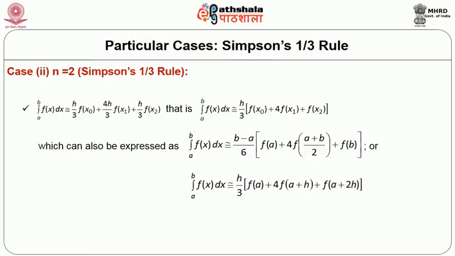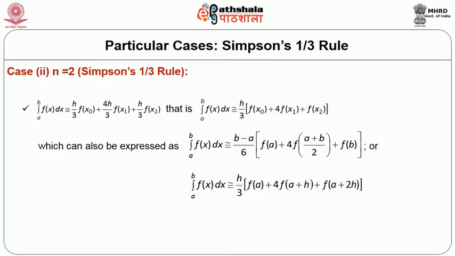And so our integration formula becomes the integral from a to b of f(x) dx is h by 3 into f(x0) plus 4h by 3 into f(x1) plus h by 3 into f(x2). And so h by 3 we can take common. Inside the bracket we get f(x0) plus 4f(x1) plus f(x2).